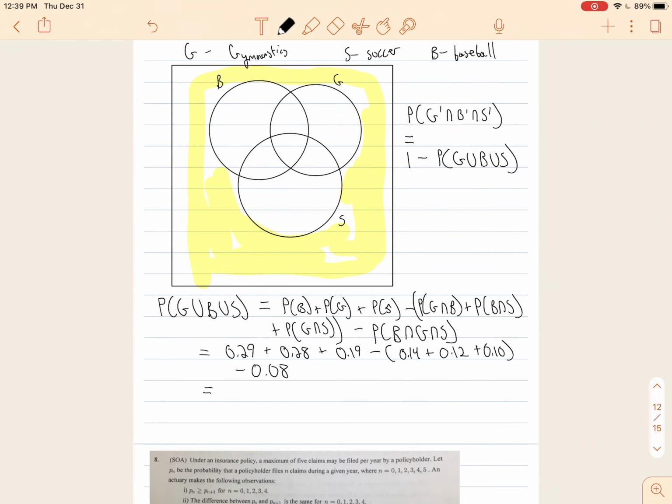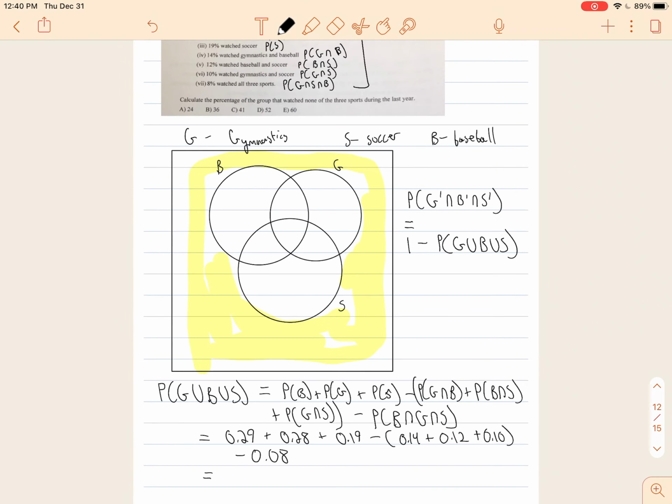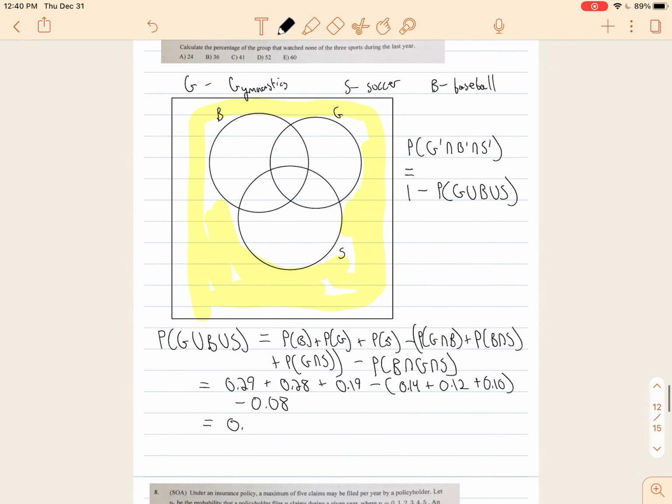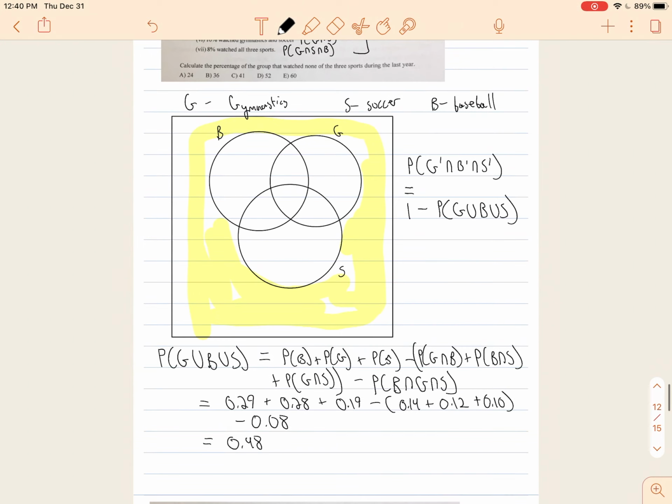And we add those all up and subtract them as well, and that turns out to be 0.48. Okay, and so then we go back up here to this equation, and we just take 1 minus 0.48 to find this yellow portion here, and we get 0.52. And that's the answer.